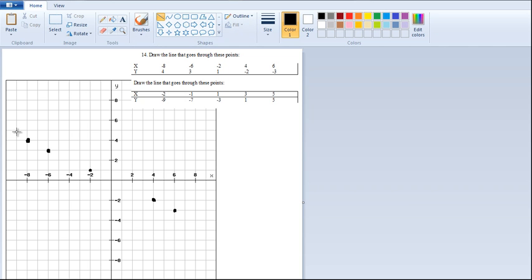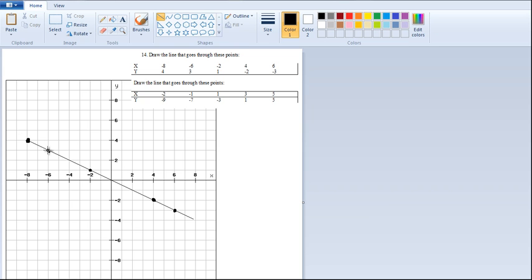Let's draw the line going through these points. We'll draw this line like this, and then through this point as well. And of course, oops.